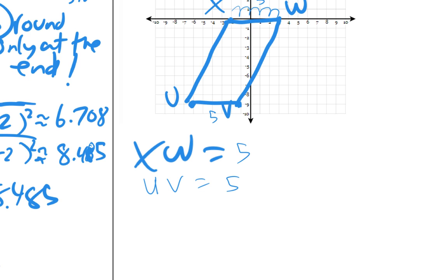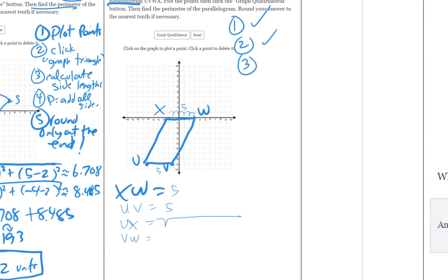Now we need to find UX. And if we think about it, that's going to be the same as VW. But that one, we got to use our distance formula.